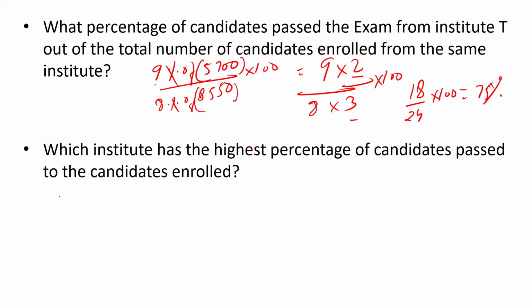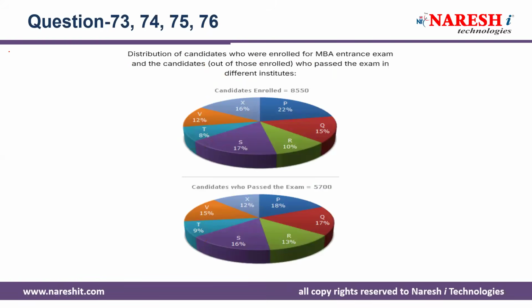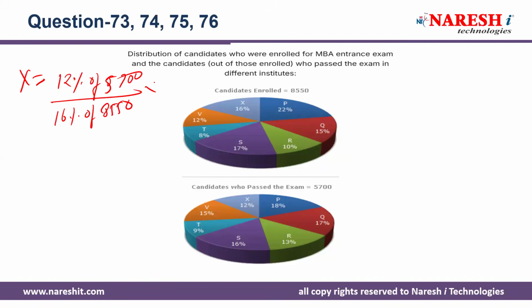Oh God, very difficult, very long answer. First, let us start with each institute. X passed 12 percentage of 5,700 upon X enrolled 16 percentage of 8,550.